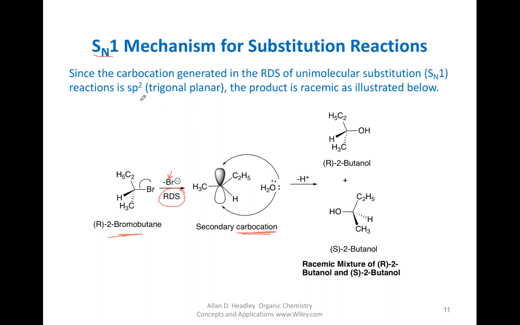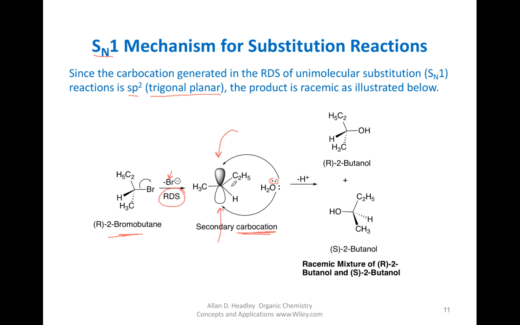You may recall that a carbocation is trigonal planar, which means that it's flat. It has here a vacant, unhybridized p orbital, which means that the nucleophile can come in from the top or the bottom.